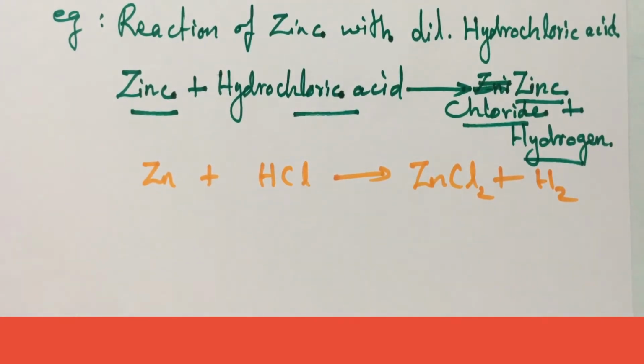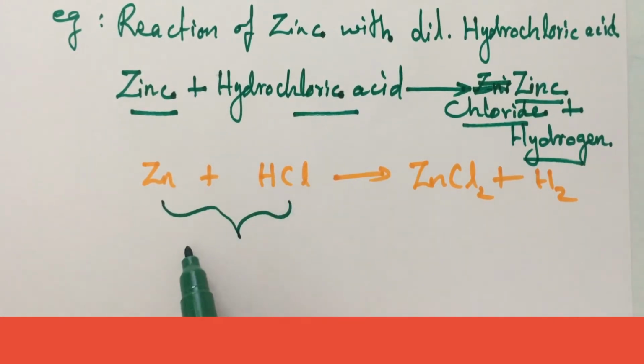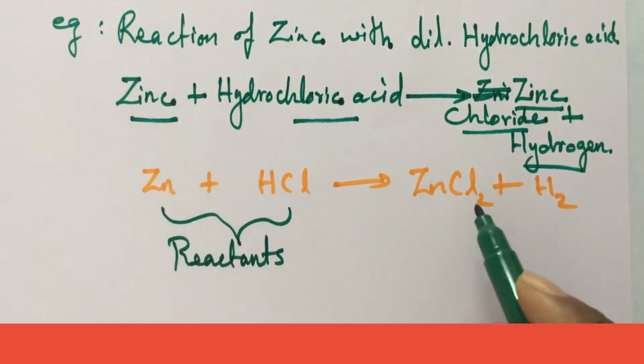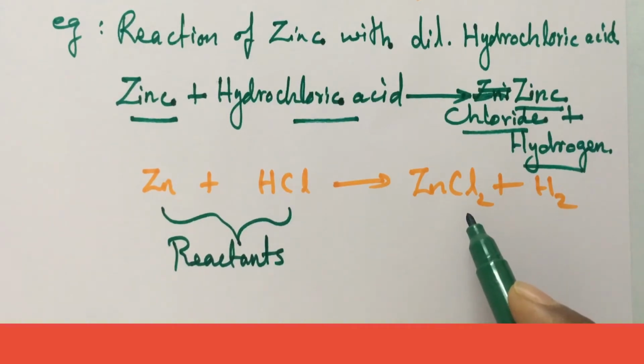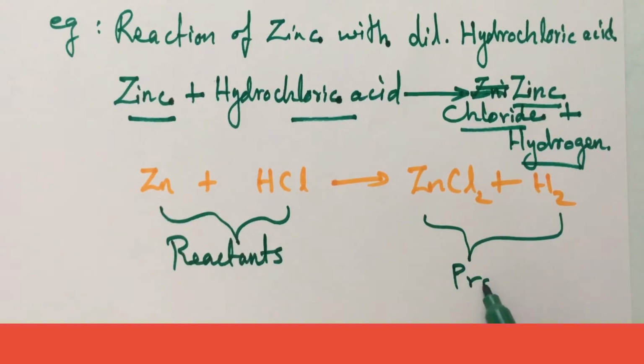Now the points to be remembered: the reactants are written on the left hand side, this is our reactants, and products are written on the right hand side.